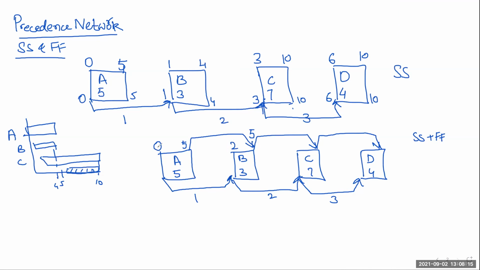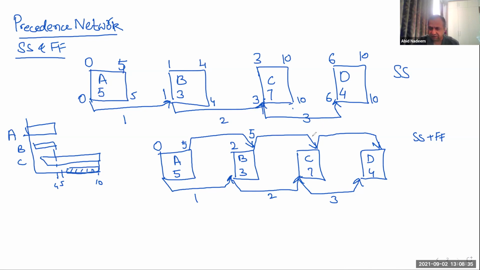If it is 0, then it is 1. From 0, if you get 1, that does not mean it has to start exactly at 1. It means that it can start not earlier than 1, but it can start after 1. So that's why we will take 2 over here.